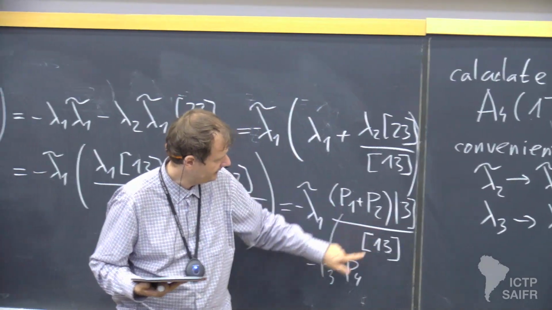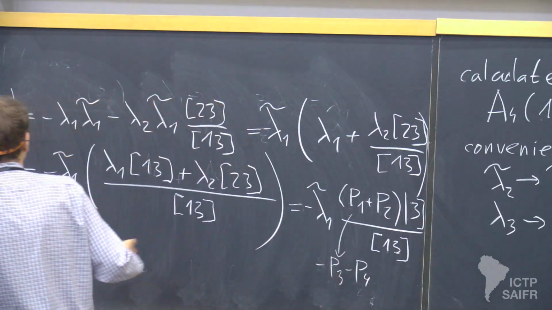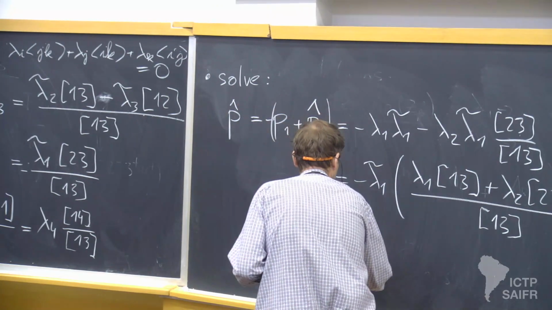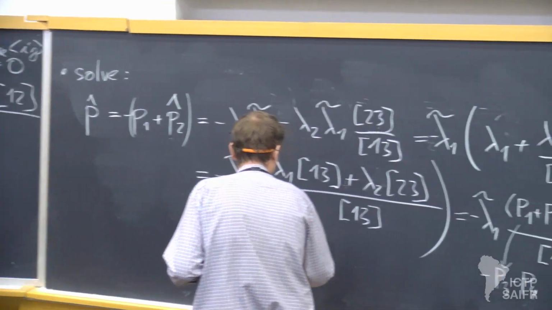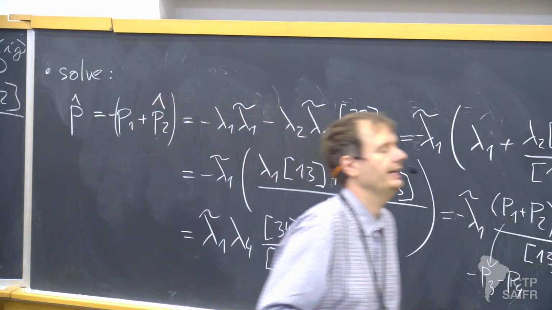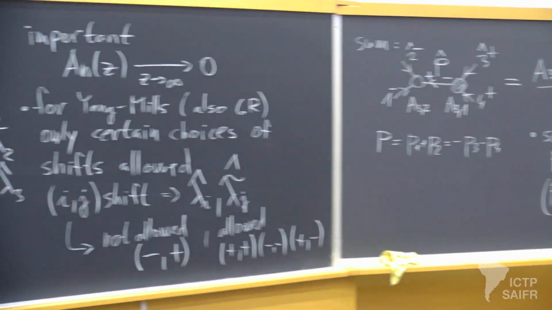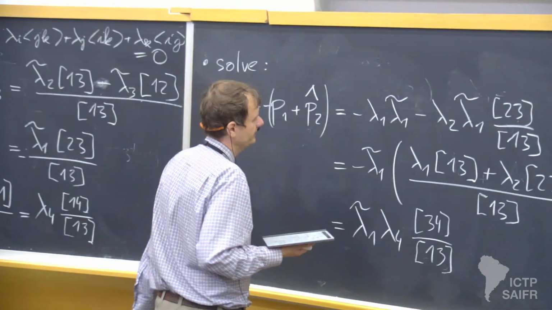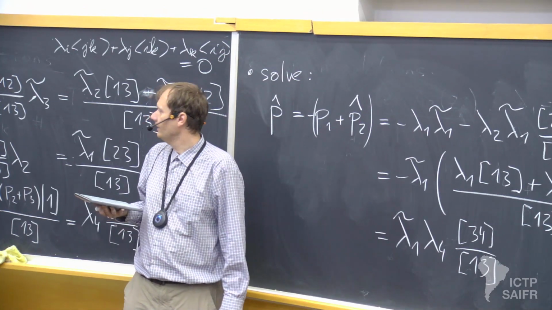So the 3 again vanishes if we dot it with lambda 3 tilde, so only the 4 survives. Now considering the minus sign and the antisymmetry, we get lambda 1 tilde, lambda 4, 3 4 over 1 3. Which exactly matches our intuition that P must share the lambda tilde spinor of 1 and lambda spinor of 4. We also got it here by explicit calculation. So we solved for all these shifted momenta. Any questions here?